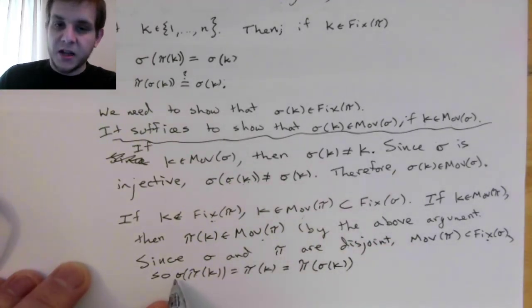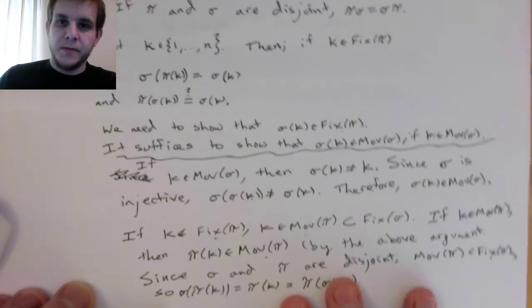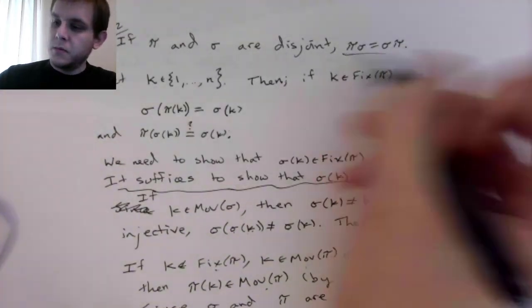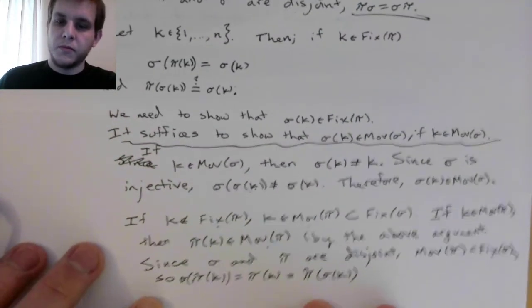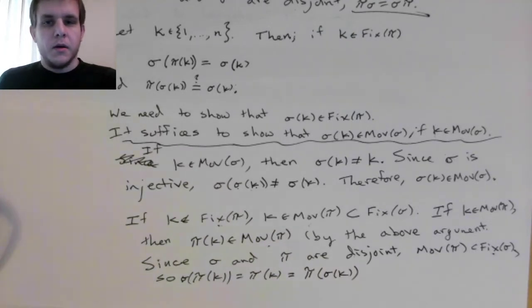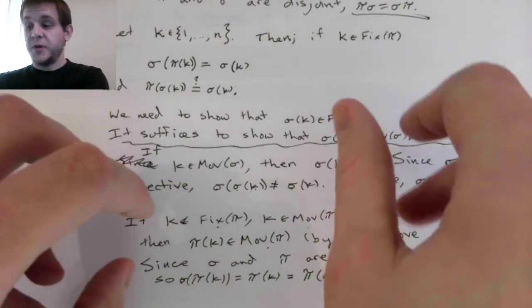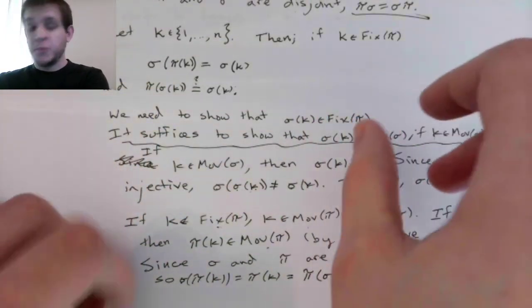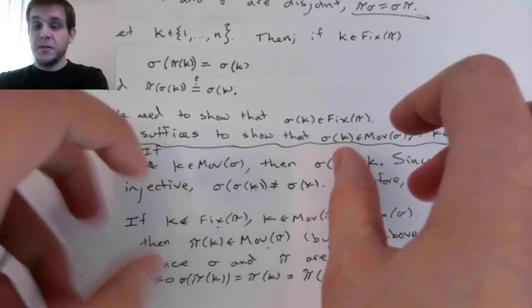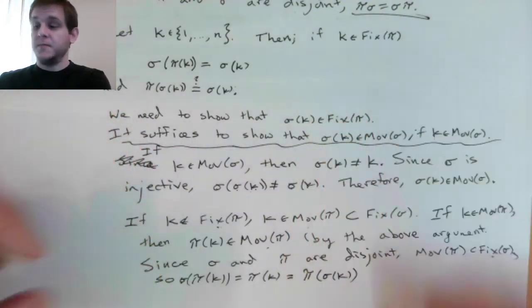And that's exactly the claim that sigma and pi commute. So this proves the theorem. Sort of, pi is operating on one set of numbers and sigma is operating on the other set of numbers. And the things that sigma moves, pi doesn't, and the things that pi moves, sigma doesn't.